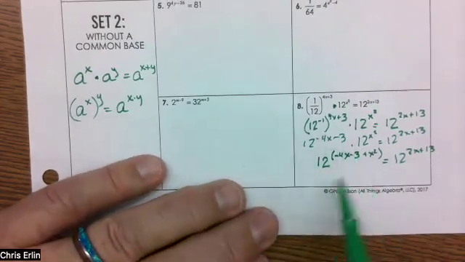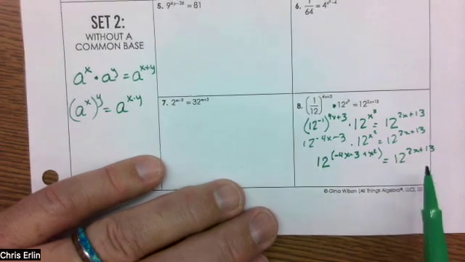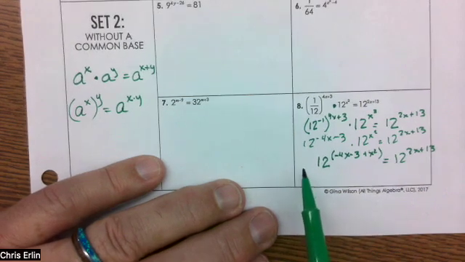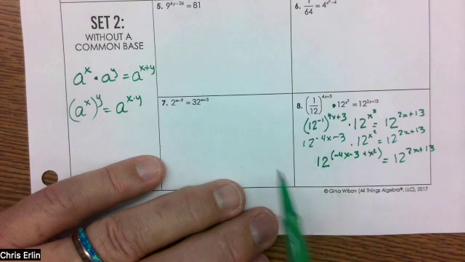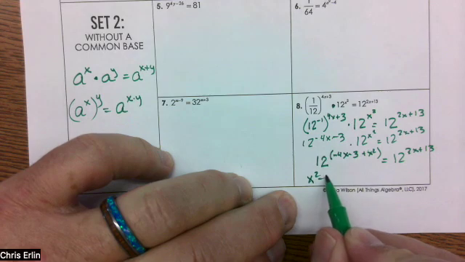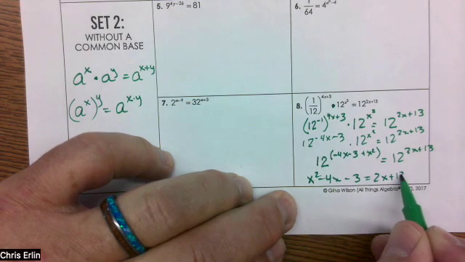And since I've got a single term raised to a power equals that same single term raised to a power, I can effectively just drop the 12s away and these things fall down onto the main line. Really what I'm doing is I'm taking log base 12 of both sides and then moving this out front with the power rule. But it ends up looking like x squared minus 4x minus 3 equals 2x plus 13.